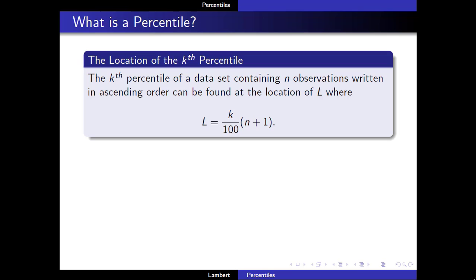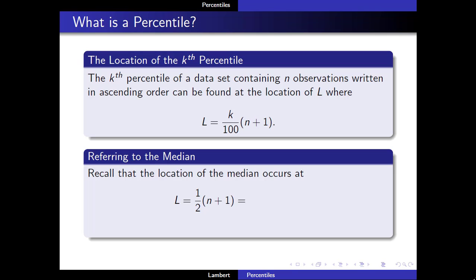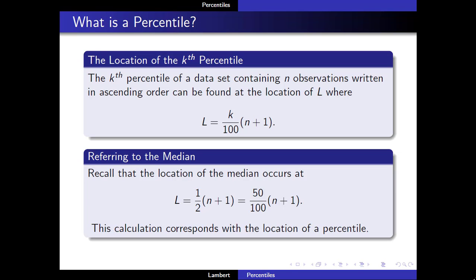Remember, the median is technically the 50th percentile. So when we look at that formula, it's 1/2 (n plus 1). But another way we could write it is with a denominator of 100. That's 50 over 100 times the quantity n plus 1. So technically, we've been dealing with a percentile formula all along, just a simplified version. So yes, this does correspond directly with the location of a percentile.